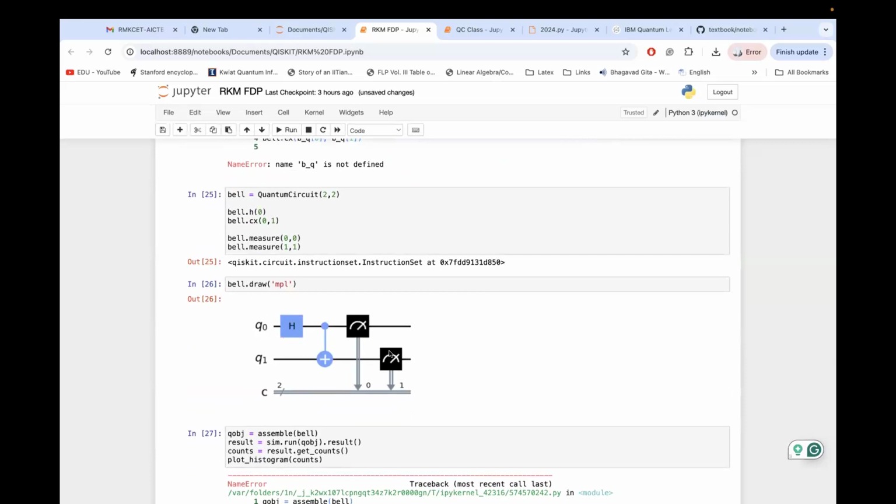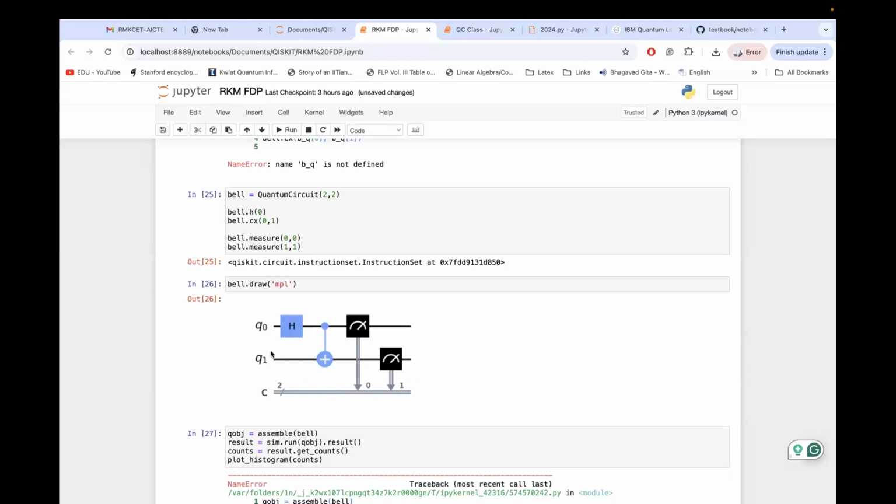After that, we measure the system. When you measure the system, what happens? The system is going to collapse into one of the eigenstates, and that is going to give you some values, right? The classical information. Once you measure the quantum system, it gives you some number. Those numbers will be stored in the classical register.